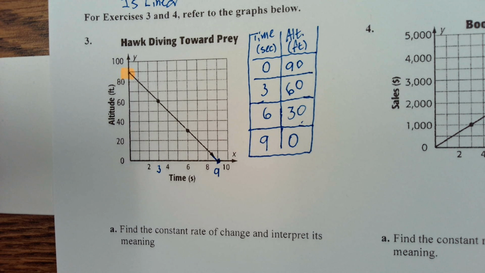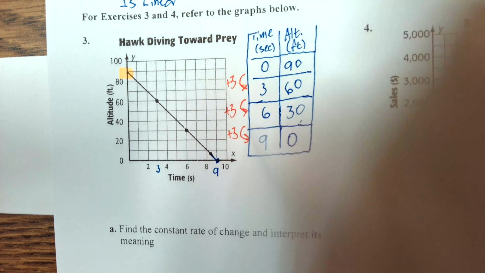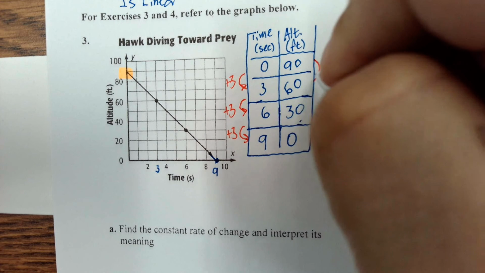Okay, guys, let's see. We're going up by how much? On the time. Yeah, let's look at time first. 3 plus 3 plus 3. But on the altitude side, we're going down.